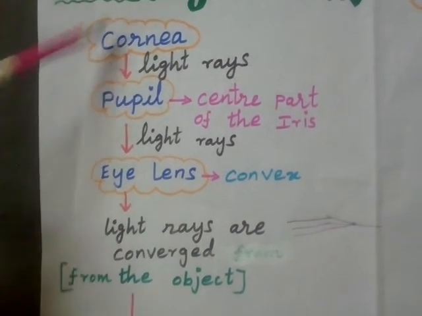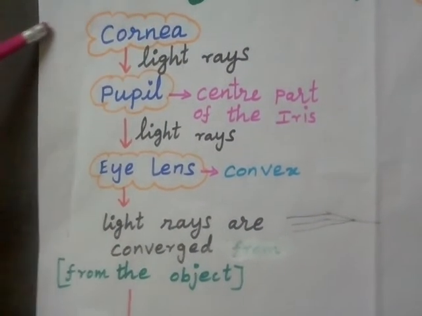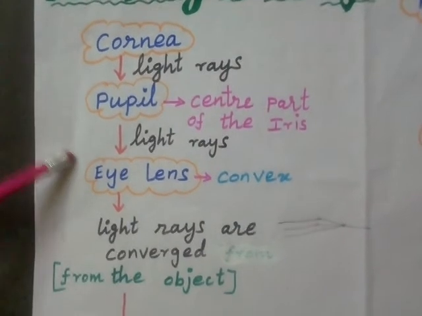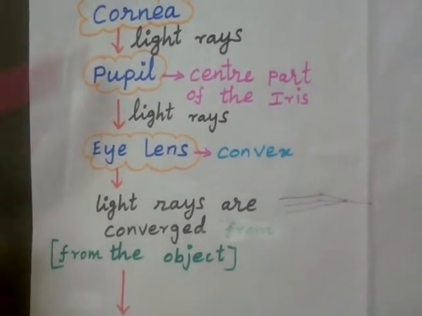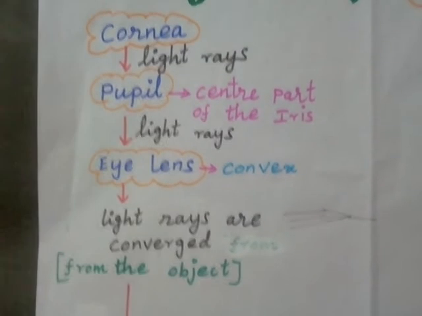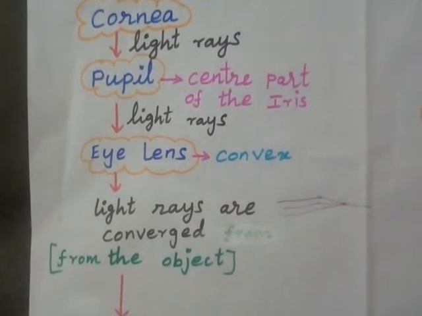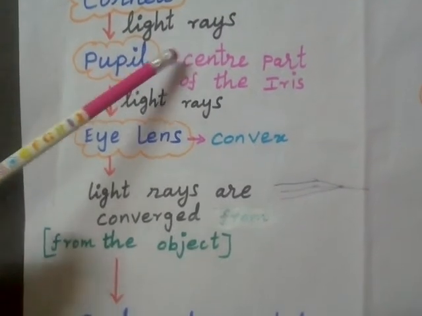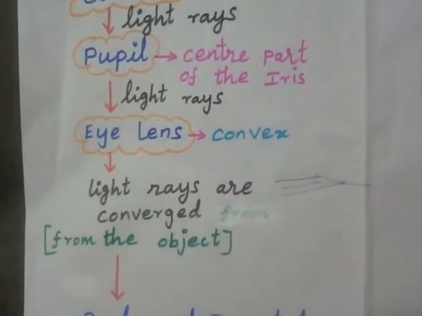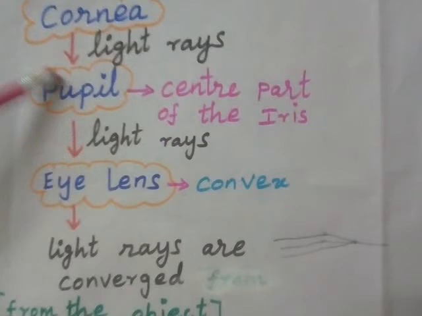The cornea sends the refracted light rays to the eye lens through the pupil. What is the pupil? The pupil is the center part of the iris.